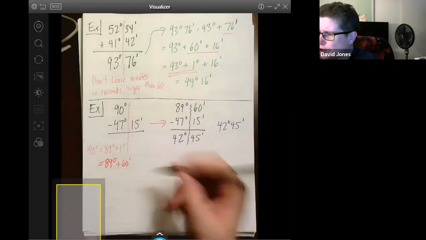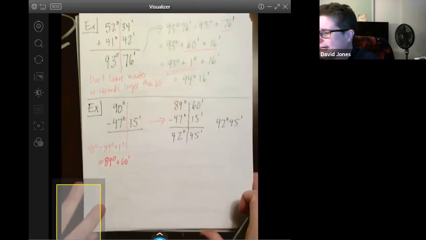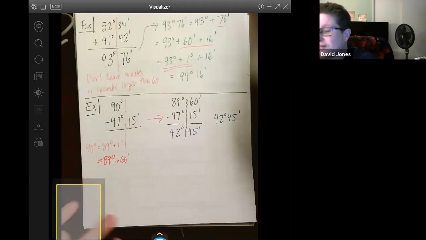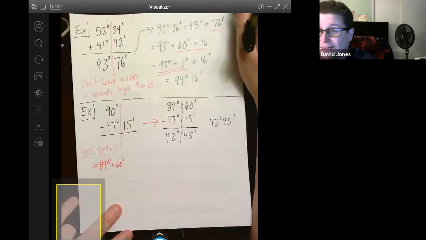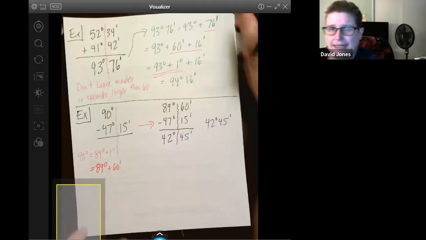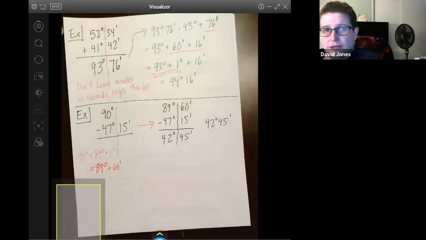So that's how you can do it with degrees, minutes, and seconds. You'll see this frequently when you're looking at navigation, like by sea. The world is an orb, so they do 360 degrees, latitude and longitude. I think one of them only does 180, because it's only half a circle.